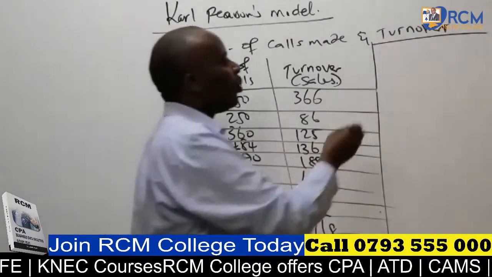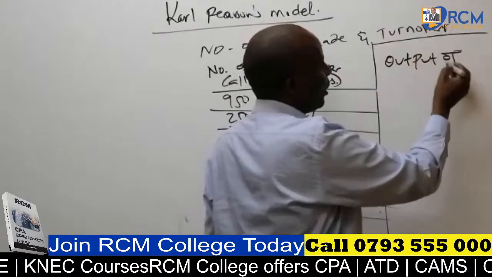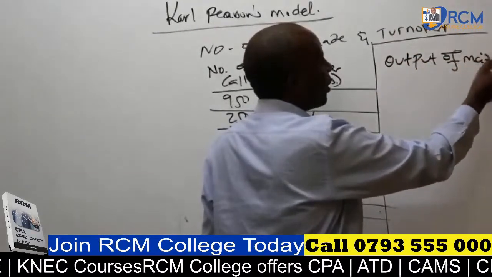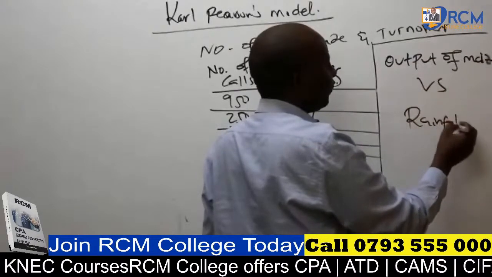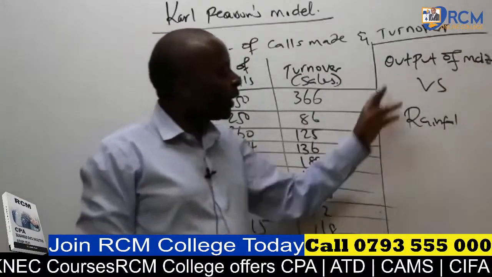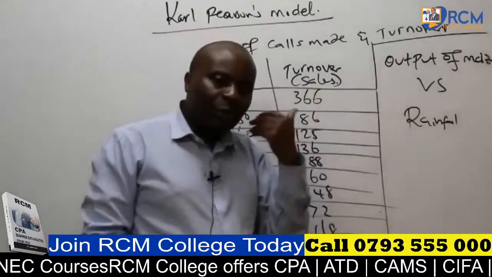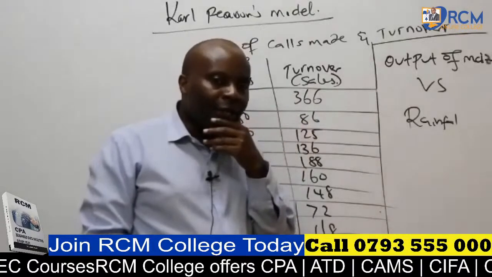If, for example, you look at output of maize, let me just use any crop, output of maize versus rainfall amounts. If you're given two variables of this nature, ladies and gentlemen, here I'm able to see very fast that rainfall amount depends on maize.